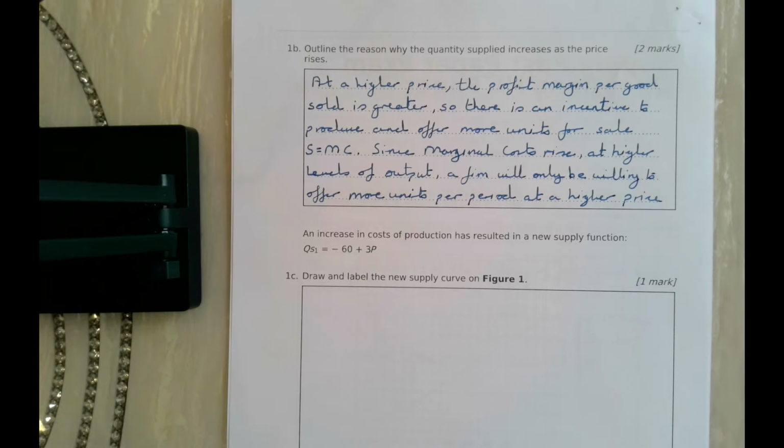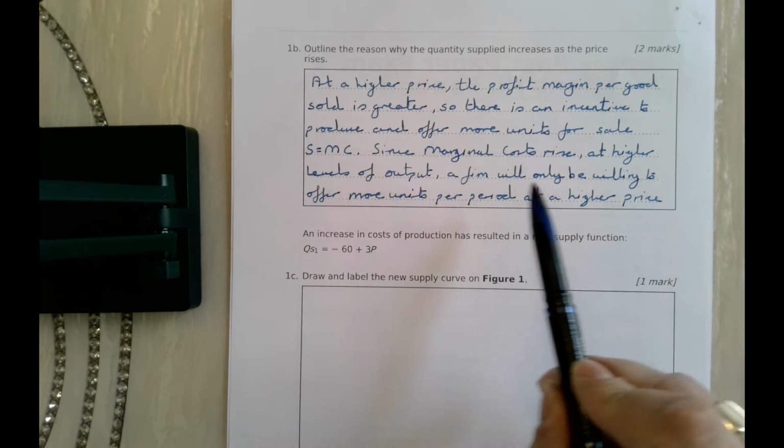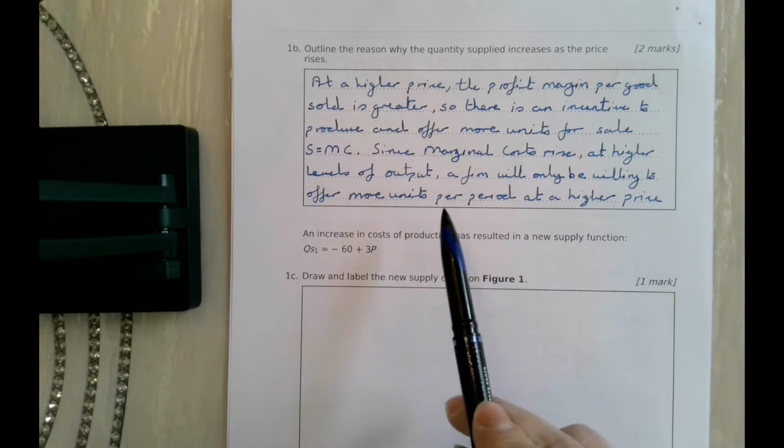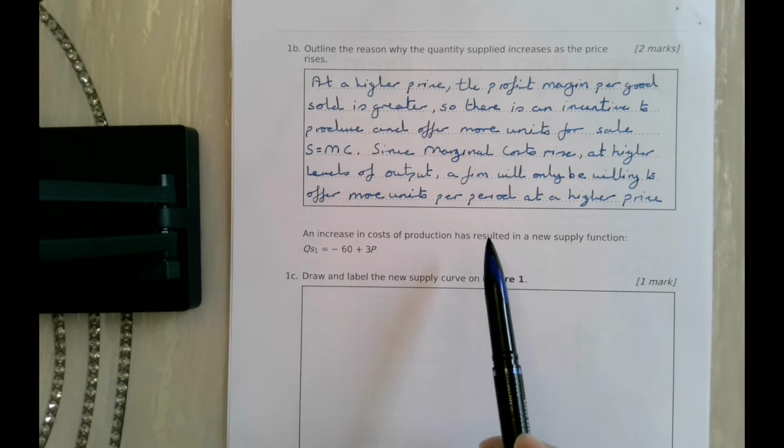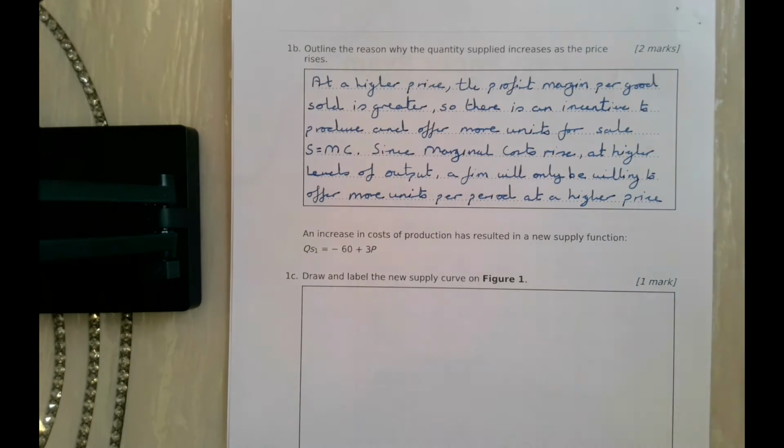So if you are currently producing 100 units and you produce the 101st unit, the marginal cost of the 101st unit is how much total cost has risen after you've produced that 101st unit compared to before you did. So since marginal costs rise at higher levels of output, a firm will only be willing to offer more units per period for sale at a higher price. No problem there, and I hope that makes sense.